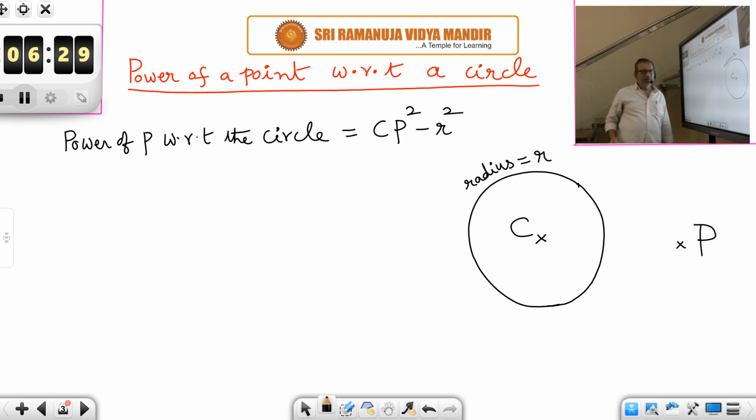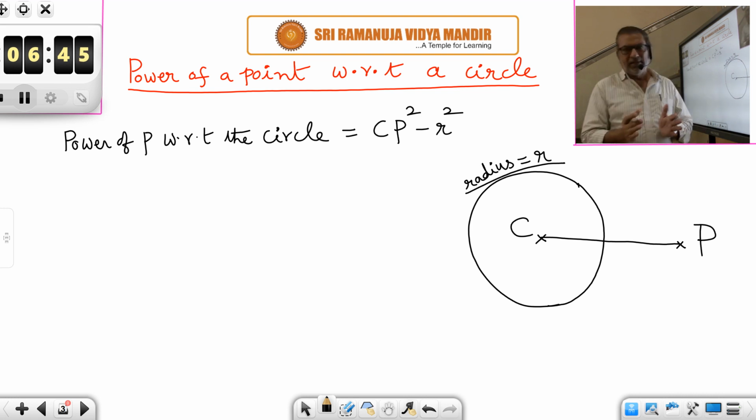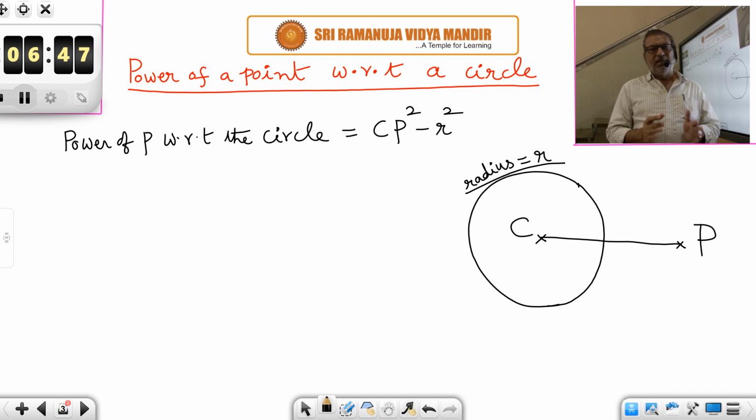That is the definition. CP square, the distance of the point P from the center of the circle, whole square, minus the radius of the circle, whole square. So this number is called the power of the point P with respect to the circle.